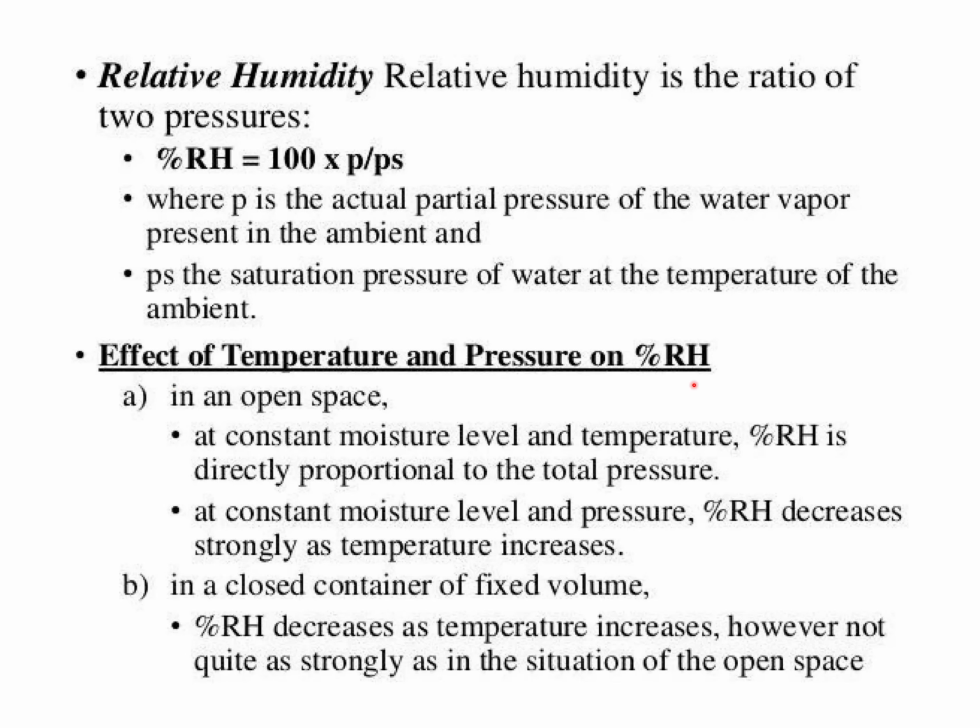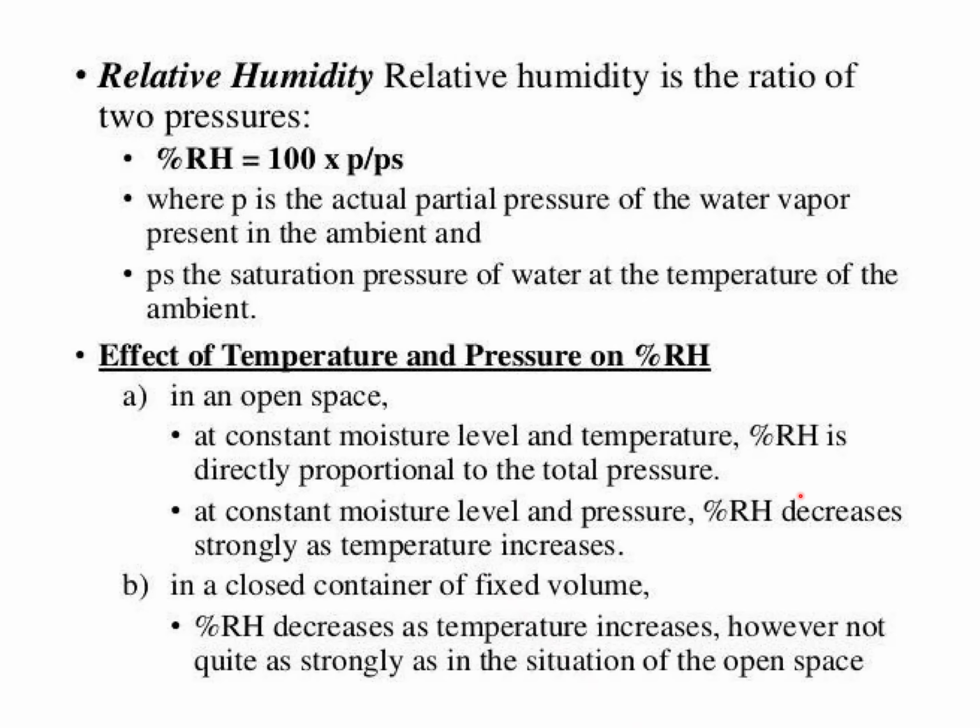Effect of temperature and pressure on relative humidity. In an open space at constant moisture level and temperature, relative humidity is directly proportional to the total pressure. At constant moisture level and pressure, relative humidity decreases strongly as temperature increases. So this is very important.